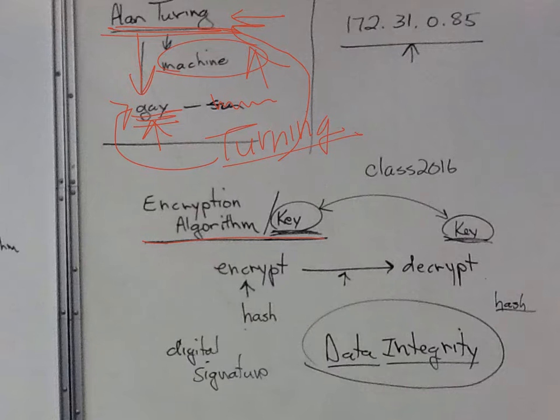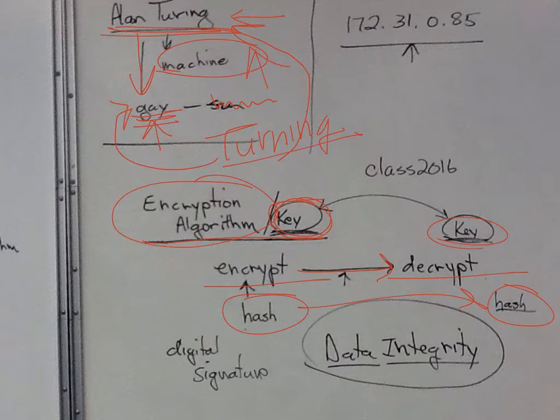So then we did some examples with an encryption algorithm and a key. We encrypted a file based on a key. We copied it over and then decrypted it. Then we created a hash, copied the hash over, and we could check the hash to check data integrity. That's used all the time.